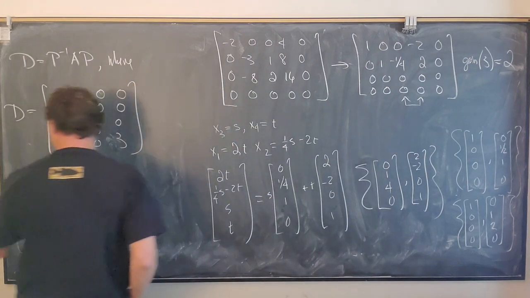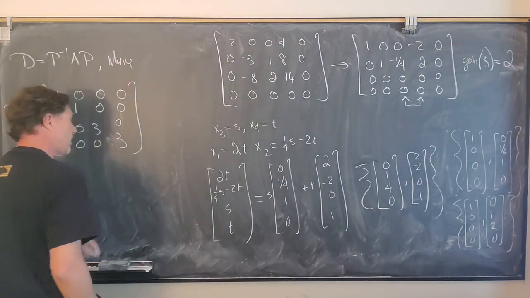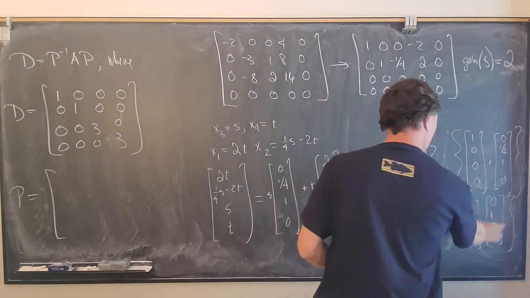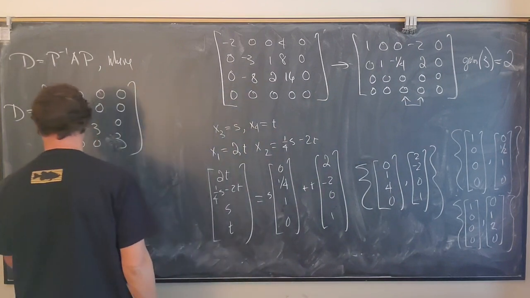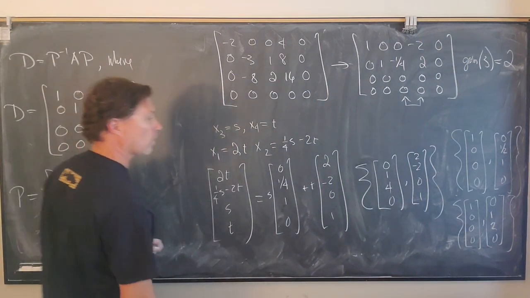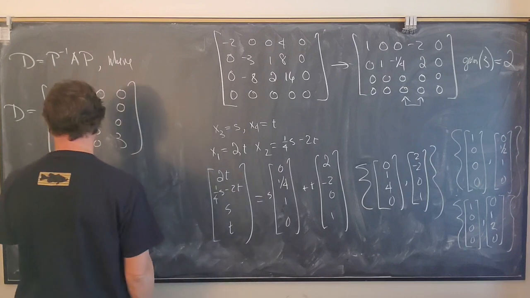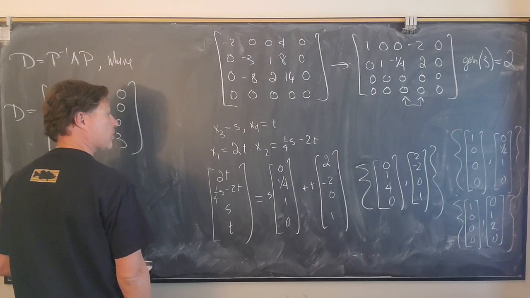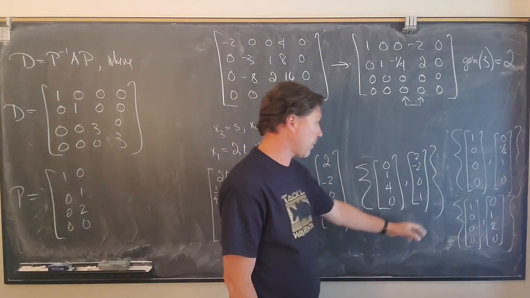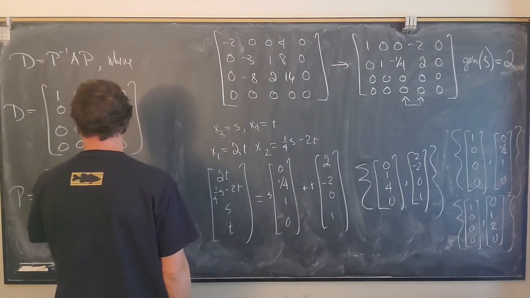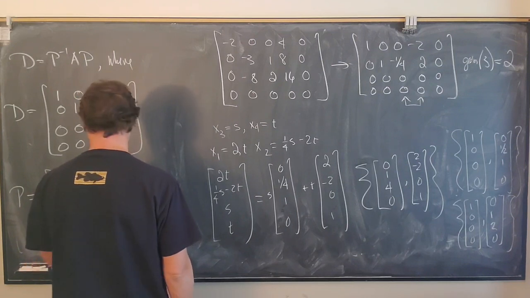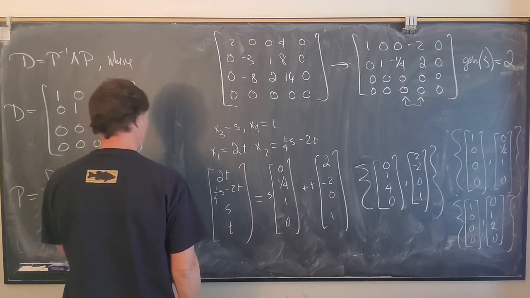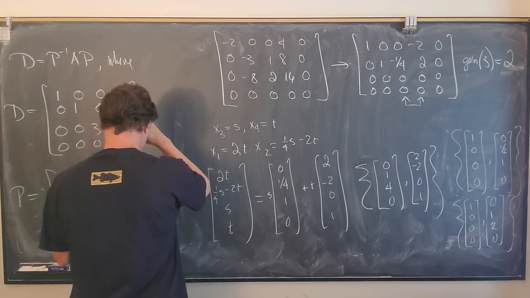And then P is the matrix. Now I need to get things in order. I need the eigenvectors corresponding to 1 to come first. So those are going to be 1, 0, 0, 0, 0, 1, 2, 0. Then the eigenvectors corresponding to 3 make up the second 2 columns. Doesn't matter what order I do: 0, 1, 4, 0, 2, -2, 0, 1.